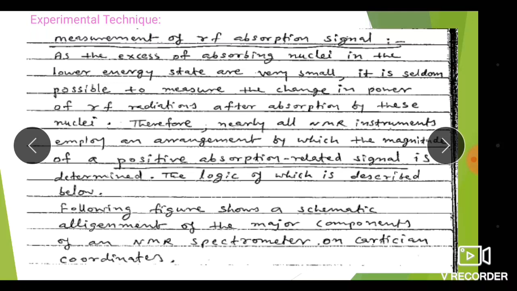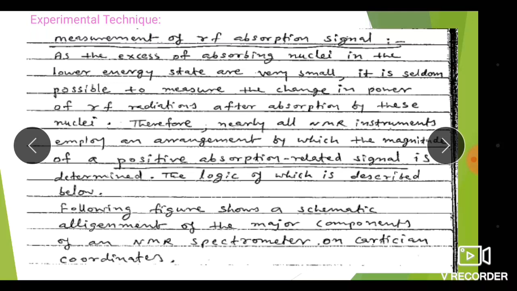It is seldom possible to measure the change in the power of the RF radiation after absorption by these nuclei.